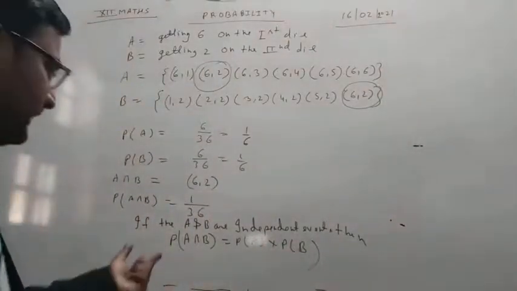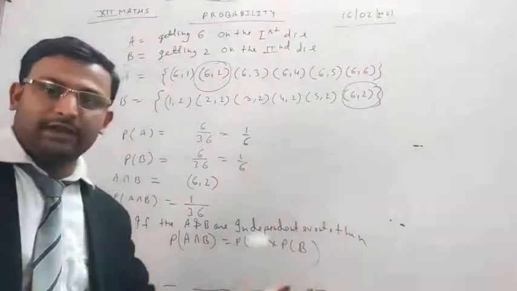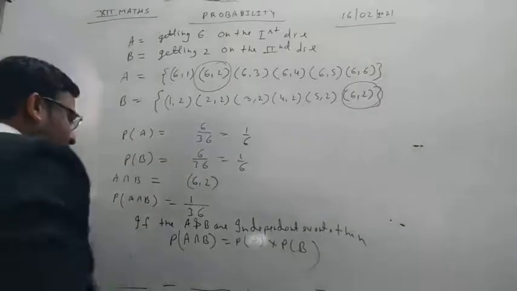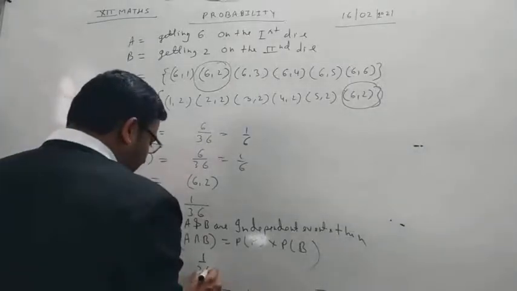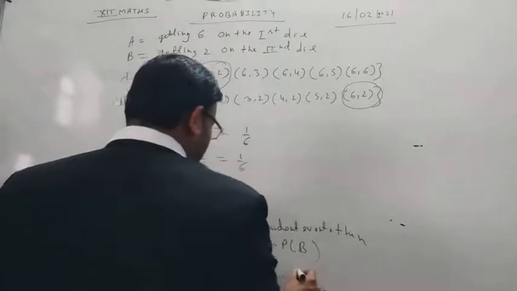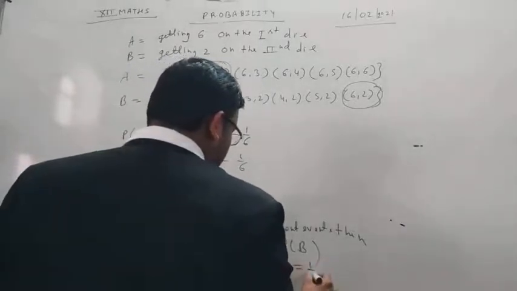If probability of A intersection B is equal to probability of A into probability of B, then we can say that these are independent events. Okay, so look, here is 1 by 36, and probability of A is 1 by 6, probability of B is 1 by 6. So this gives us 1 by 36.